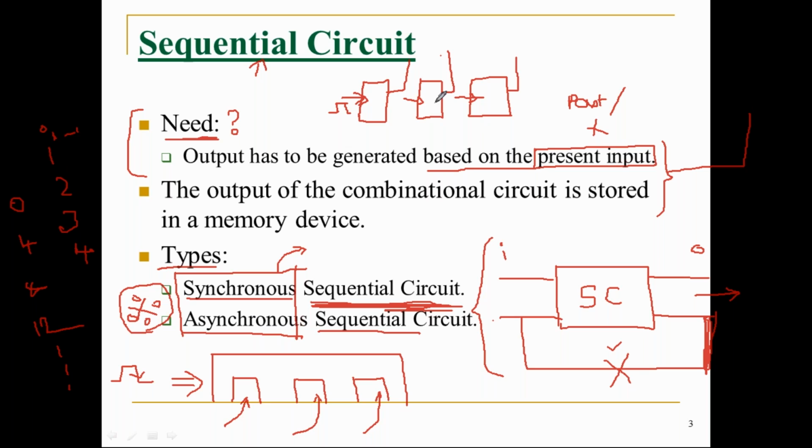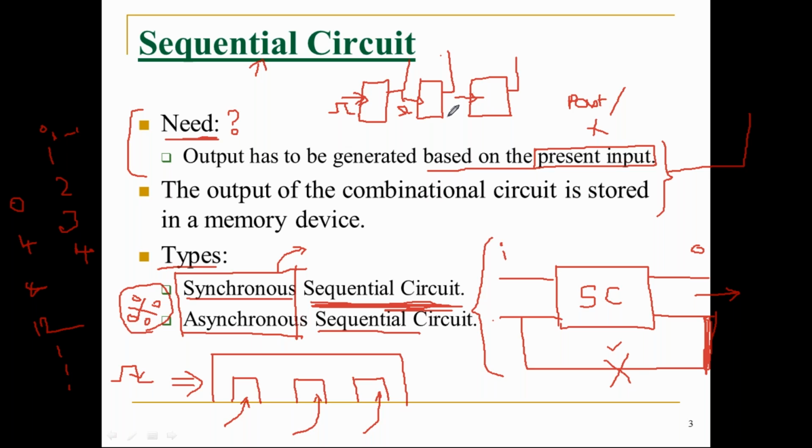Synchronous means all the flip-flops in a circuit, whether it is a counter or a register or whatever the digital circuit may be, get their input simultaneously, at the same time, parallelly. So we call that synchronous. But the second part is asynchronous. It means that only the first flip-flop gets the clock pulse initially. The second flip-flop gets its clock input from the output of the previous flip-flop.